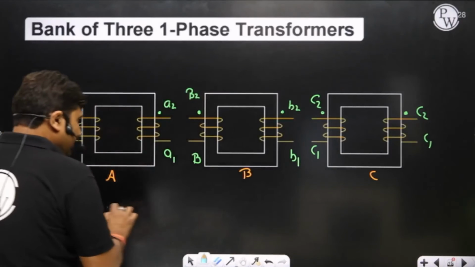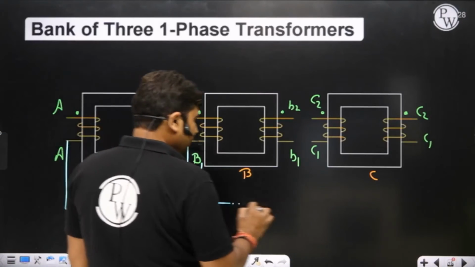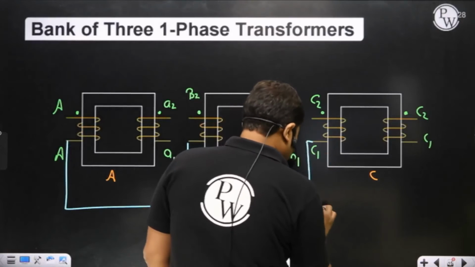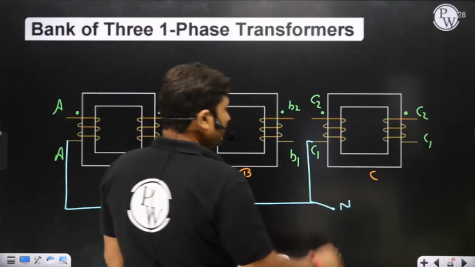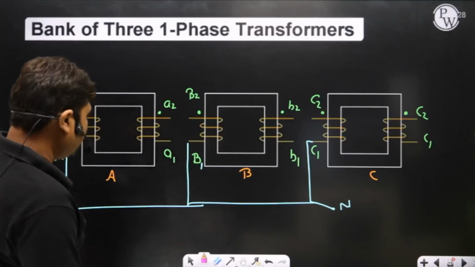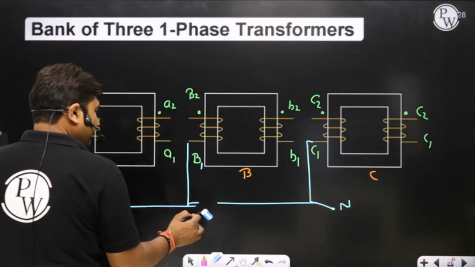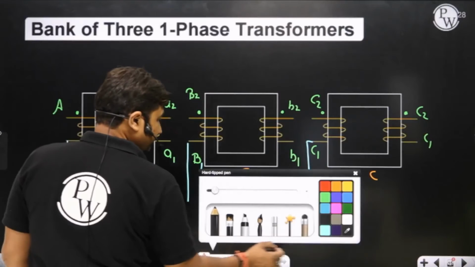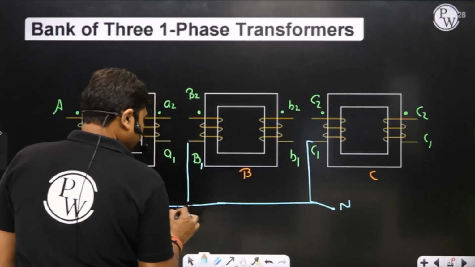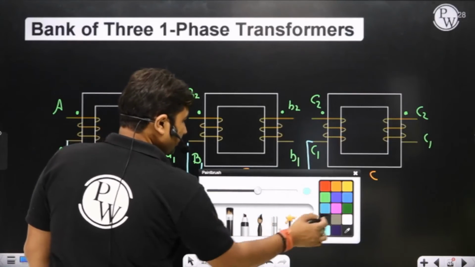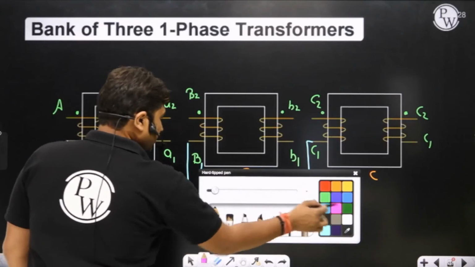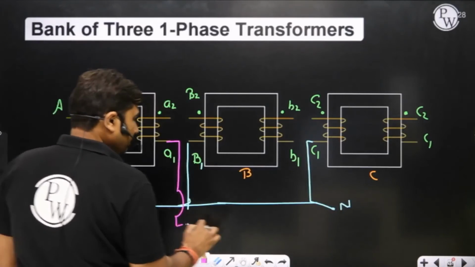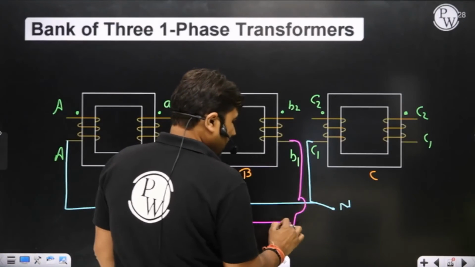If I am interested to connect the desired connection, that is a star star 0 connection, then I can short A1, B1, C1 together and our neutral will be provided. And similarly, on LV side also, I am going to short small a1, b1 and c1.